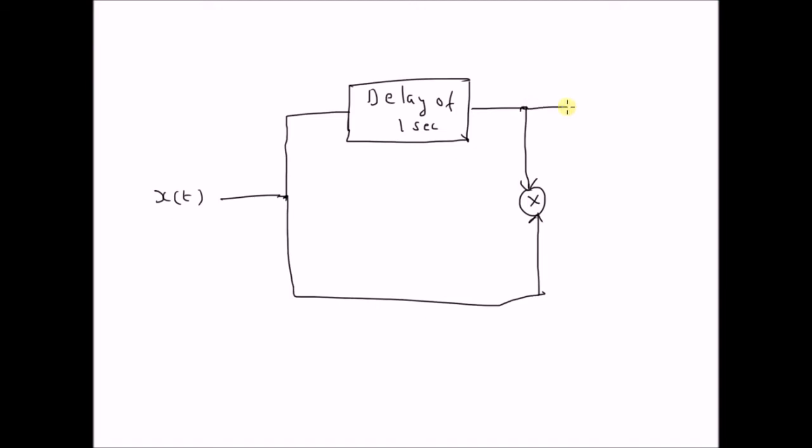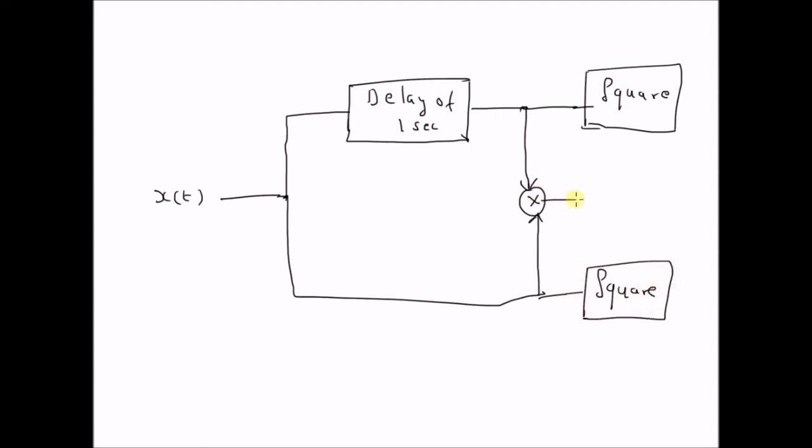Then the outputs are connected to a squaring system at both the top and the bottom. And then we have a multiply by 2. That is another system.